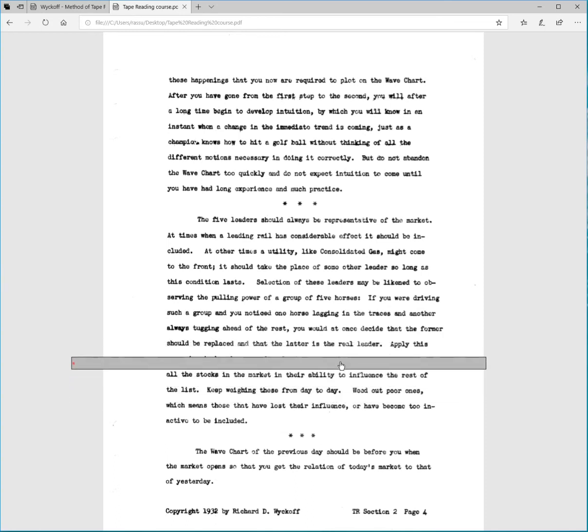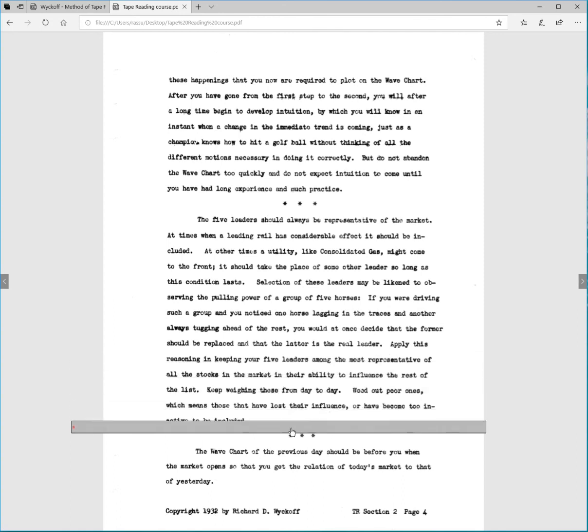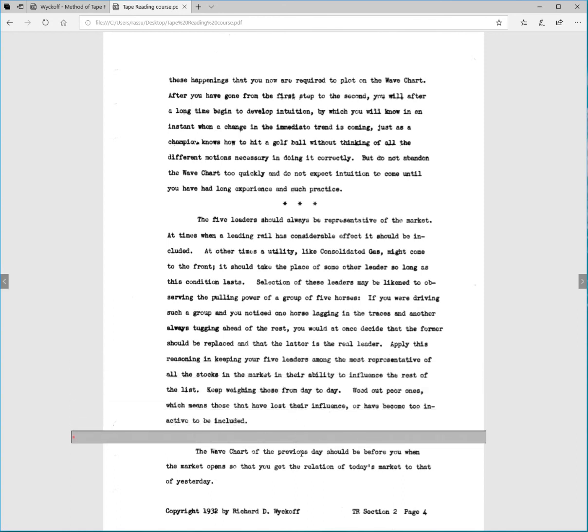So he wants to keep the 5 or 8 when he's creating the Wyckoff wave of leading stocks. I'm going to go into a quick way to do that later. But the point is you have to actively change depending on which leaders.